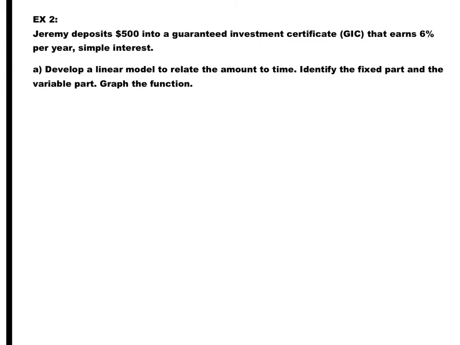Okay, we know that this is a simple interest, so the interest part, I, is PRT. The initial investment is $500 times R is 6%, so 6 over 100 times T. Now, if you multiply these two together, we are going to get 30T.